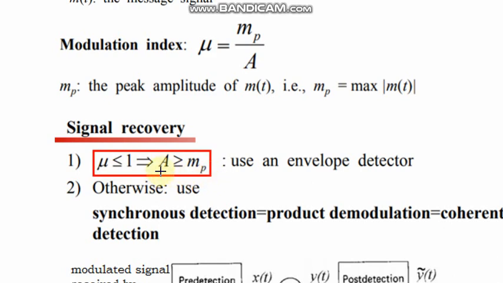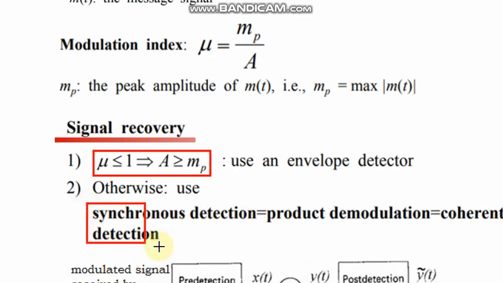From this formula, if mu is equal to 1, then A will be equal to mp, and if mu is less than 1, at that time A will be greater than mp. In this condition we use an envelope detector for demodulation of the amplitude modulated wave. Otherwise we use synchronous detection.